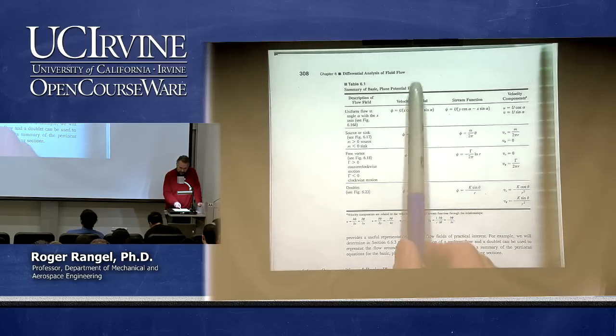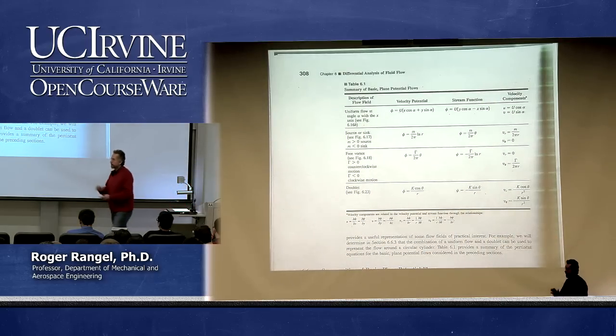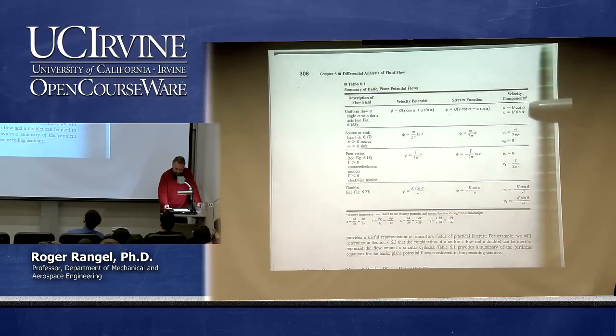So therefore, I have a list of my velocity potential and my stream function for each one of those four basic flows. And then you also have, which is nice, the velocity components.